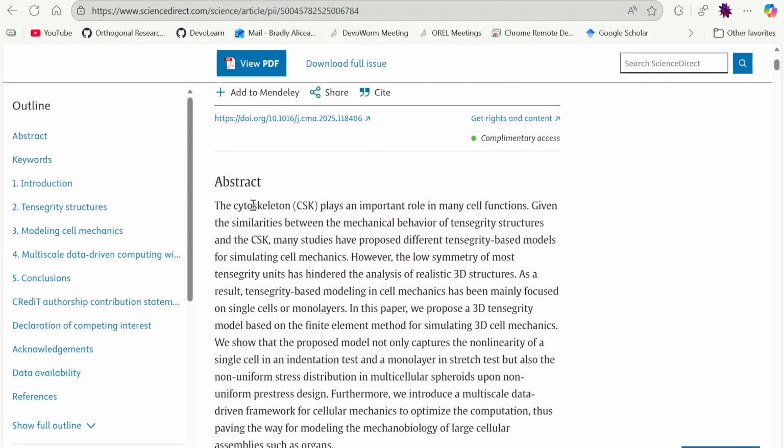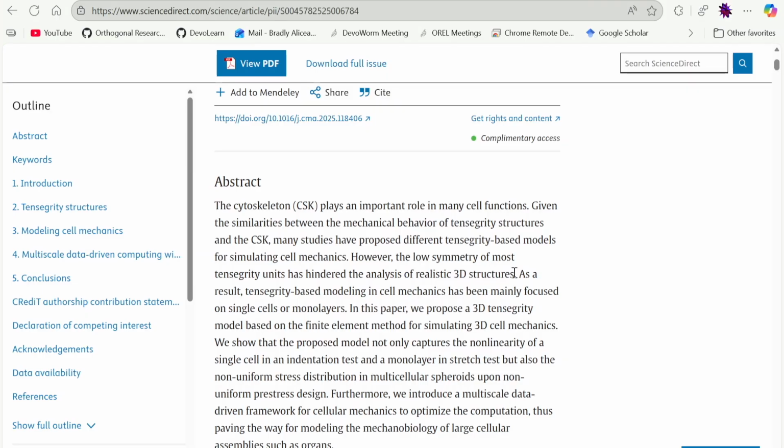So they talk about the cytoskeleton playing an important role in many cell functions. Given the similarities between the mechanical behavior of tensegrity structures and the cytoskeleton, many studies have proposed different tensegrity-based models for simulating cell mechanics. So then, of course, they talk about the low symmetry of most tensegrity units and how this has hindered the analysis of realistic 3D structures.